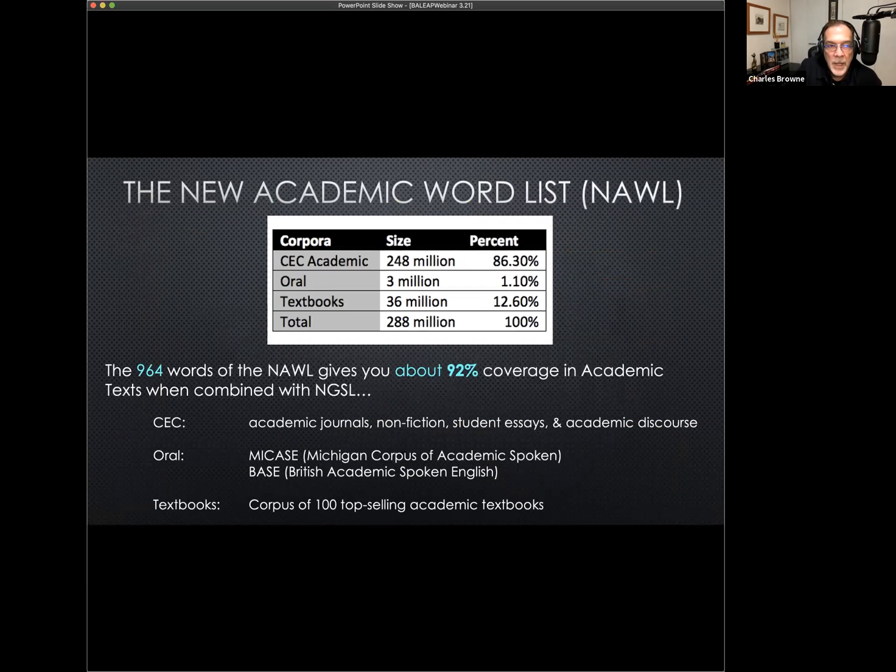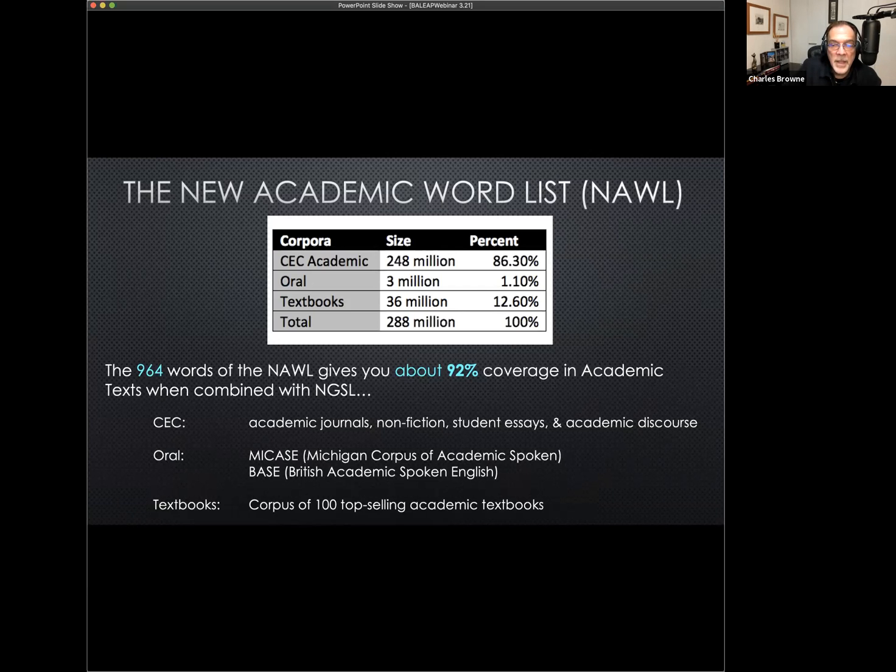So the new academic word list, 248 million words of it comes from the Cambridge corpus. So we utilized the academic subsections of the Cambridge corpus, but Brent and I didn't feel that this was enough because our students often were struggling with academic lectures.